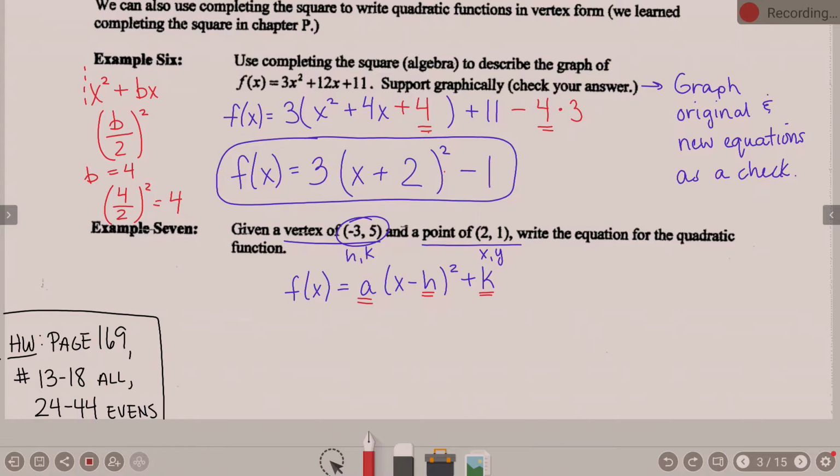And so our job here is to find a. Remember, f of x is another way of saying y. We don't know a yet, but my h is negative 3, so I'm going to say x plus 3, quantity squared, plus k, so plus 5. That's what we have.